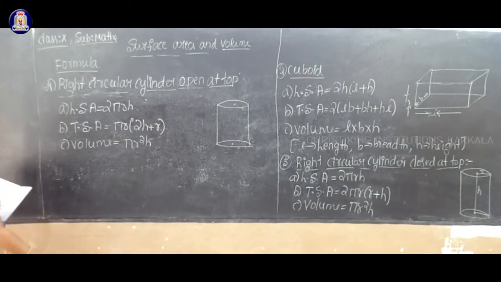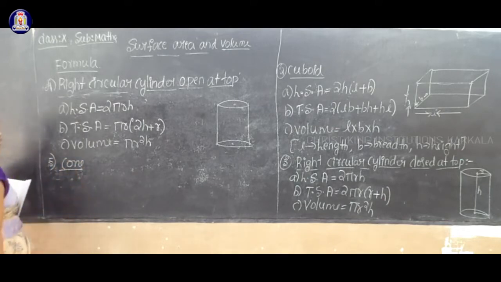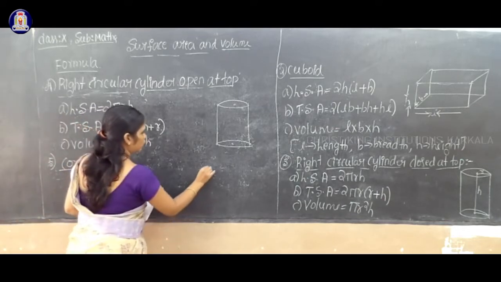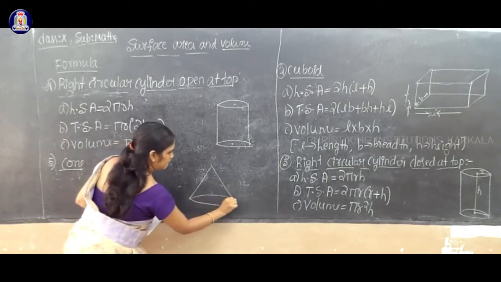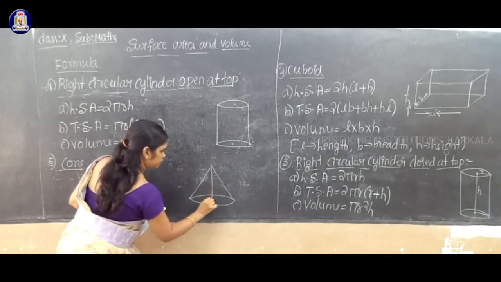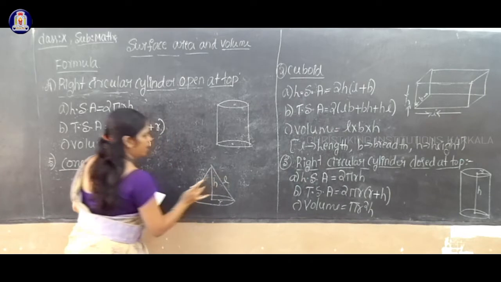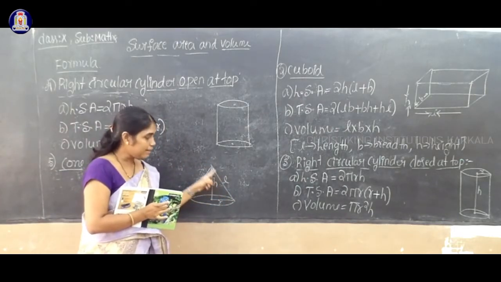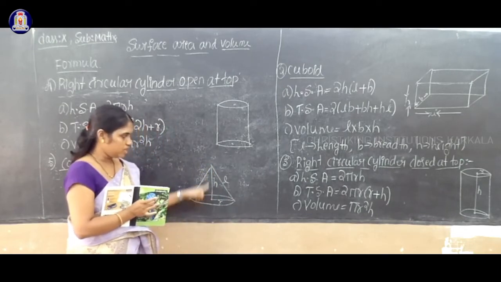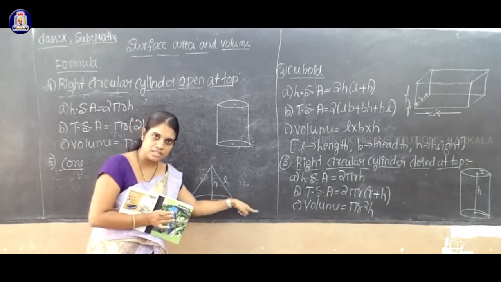Next, the fifth one, the cone. What is the shape of the cone? See here, this is H, this is R and this is L. This is known as the slant height. L means slant height, H means height of the cone, R means radius of the base of the cone.